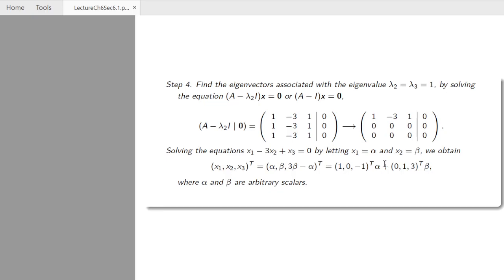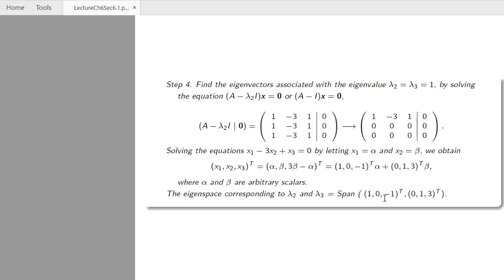From this, we get that the eigenspace corresponding to eigenvalues lambda 2 and lambda 3 is the subspace spanned by 2 vectors. Now, these 2 vectors, you can say that's from here, and that's from here, because we use the linear combination of these 2 vectors.